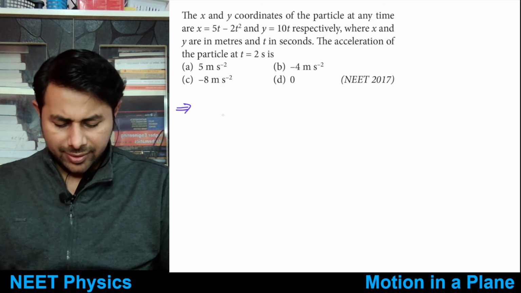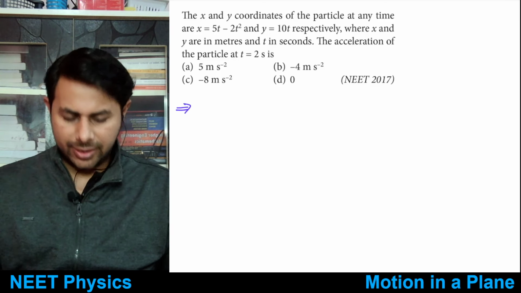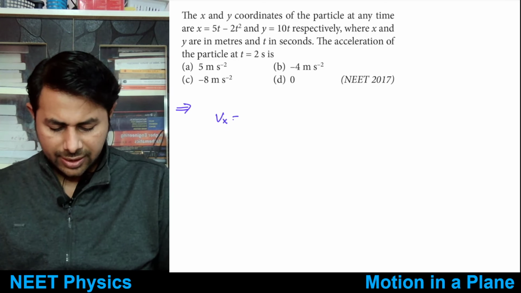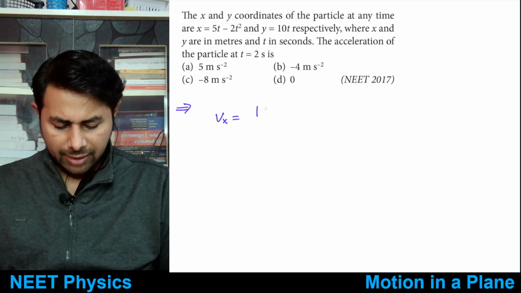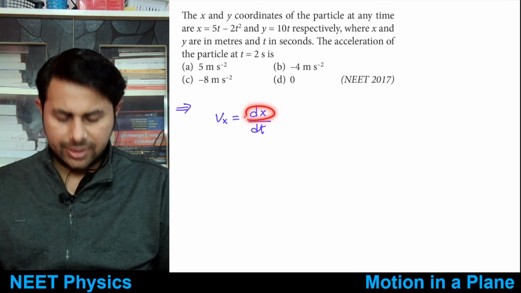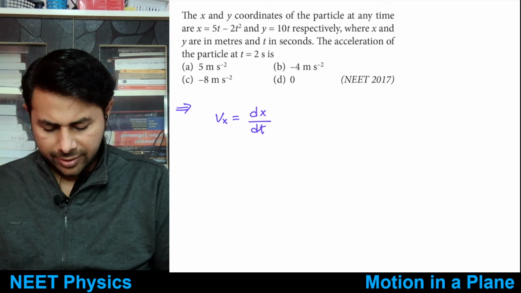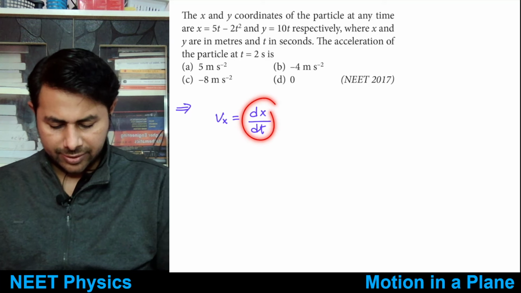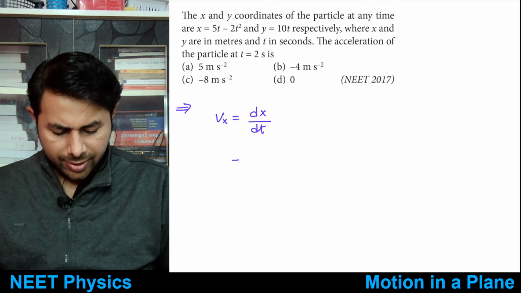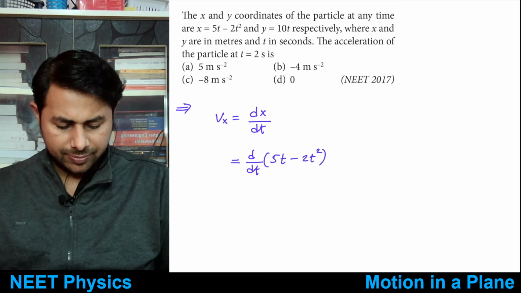This is simple, right? So now x coordinate is given, y coordinate is given. To find out velocity in x direction, what will I do? I will just say that it is dx by dt, change in x with respect to t. This is the displacement in x direction divided by time, but this is instantaneous velocity, because we are taking the derivative. So that's equal to d by dt of 5t minus 2t square.